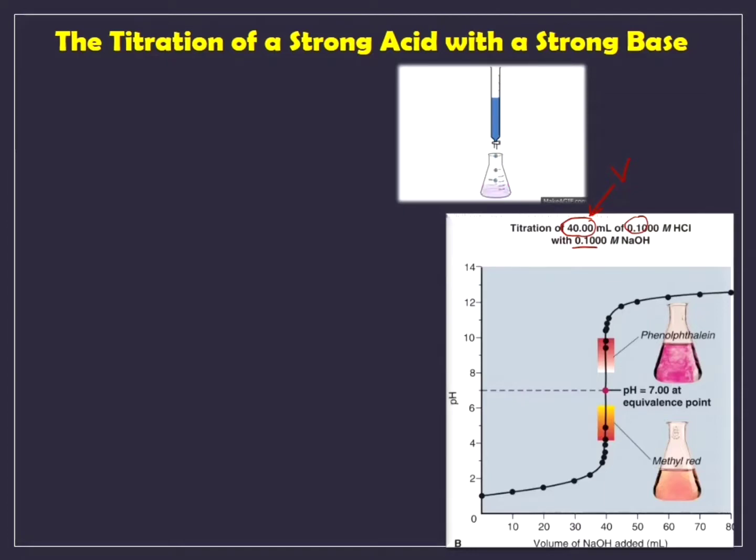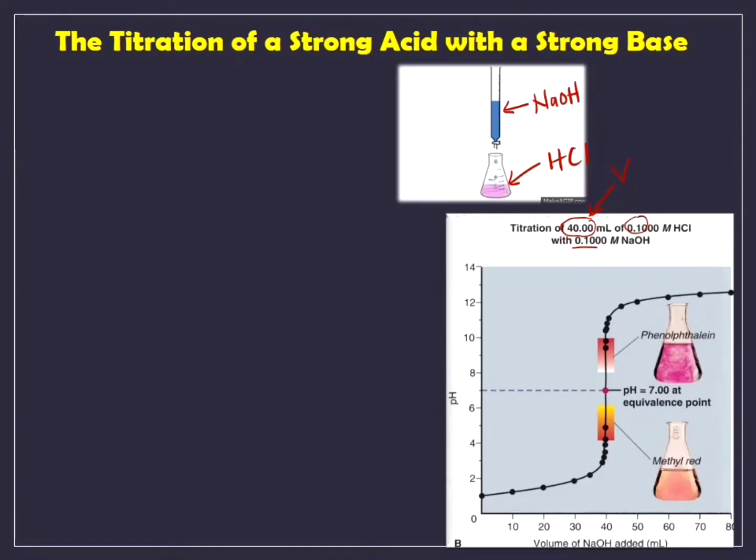But the volume of the titrant we normally don't know until you do the titration. Am I right? See? So from this keyword, we know that our analyte should be HCl, while our titrant in the burette should be sodium hydroxide.